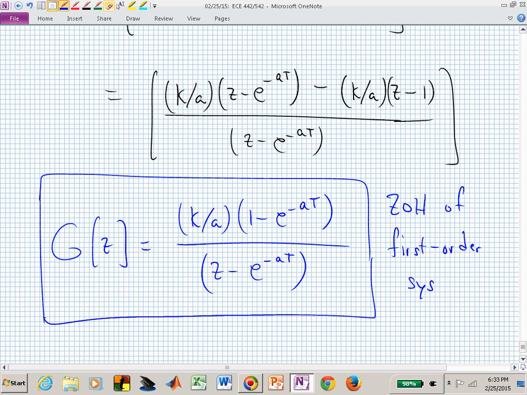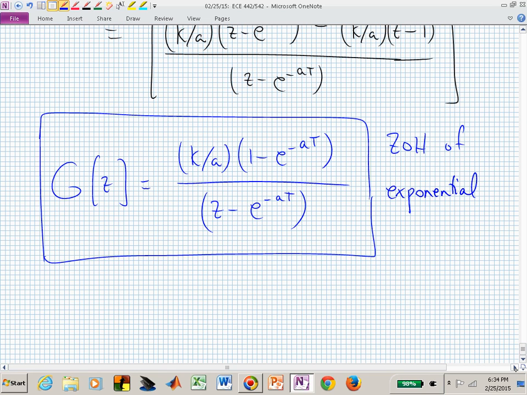For that particular transfer function, this is a zero order hold equivalent of an exponential.